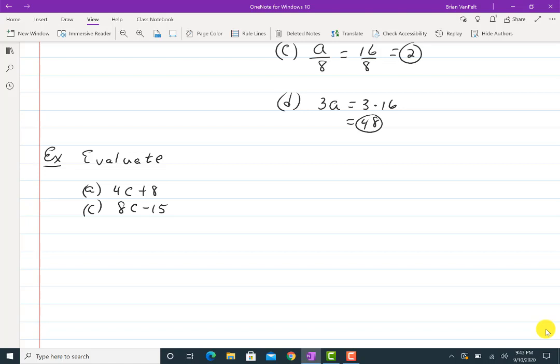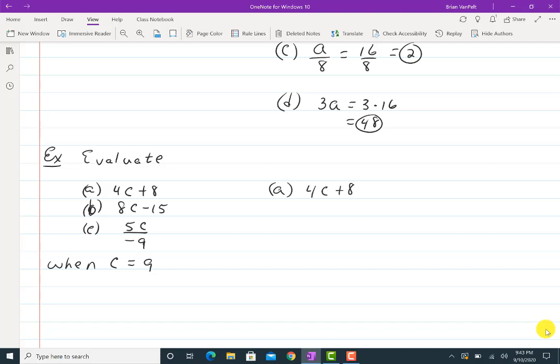That's part B actually. And C would be 5c over negative 9. And I do this when C equals 9. All right, so let's take a look at each of these.